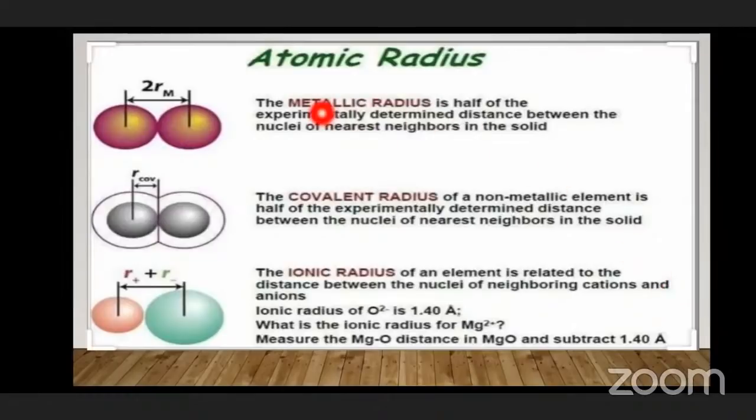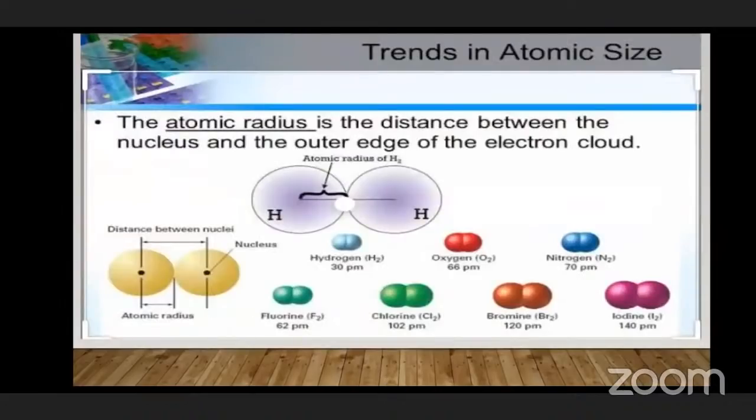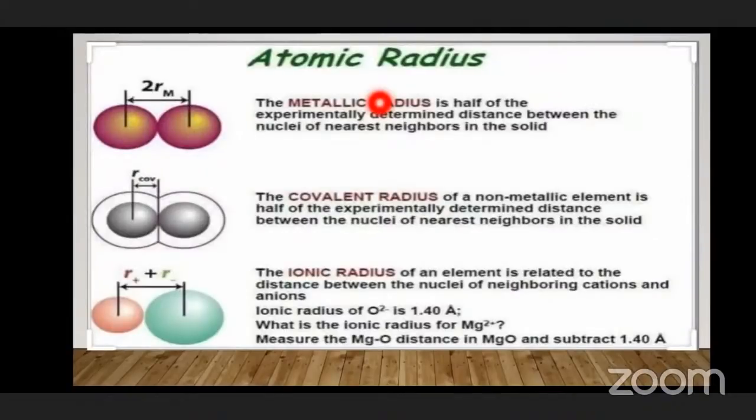So once again we will see the metallic radius, covalent radius, ionic radius. Initially we discussed atomic radius, then the metallic radius, which is half of the distance between the two nuclei of solid metal particles. Then the covalent radius, half of the distance between the two nuclei which are covalently bonded.